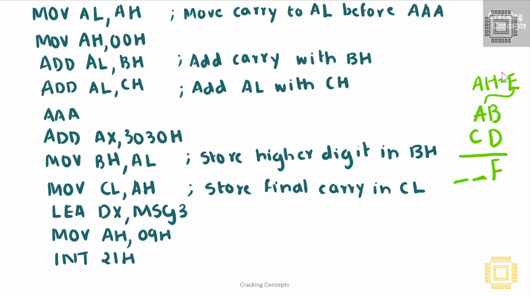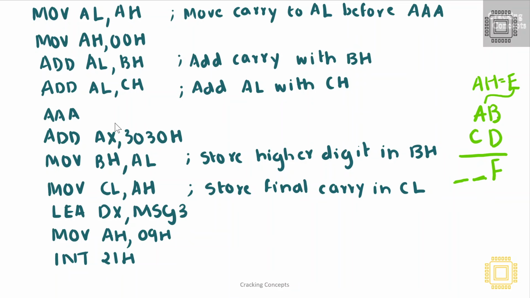That is, I'll add the carry with the higher digit of the first number and the same result with the higher digit of the second number. Now I have the final result.